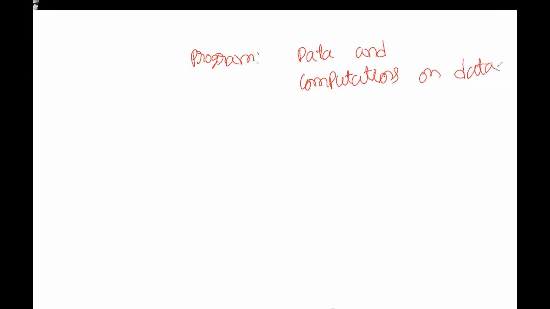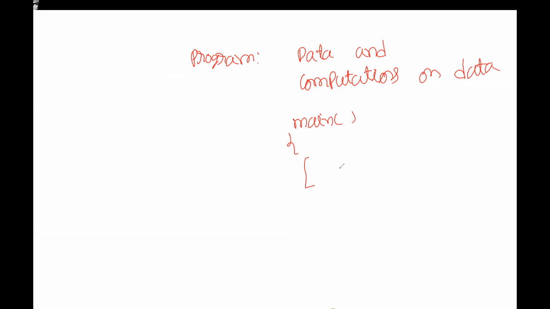For example, if you take any C function that we write, like main, to start with you declare the variables that you would like to use, the scalar variables and the arrays.